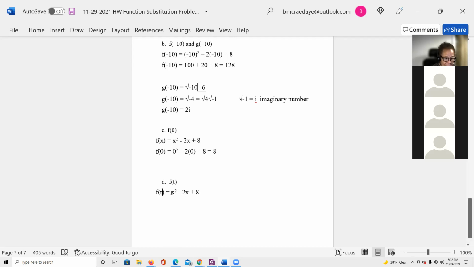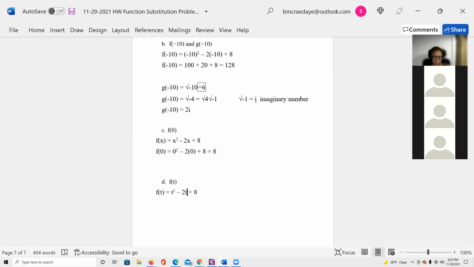X squared becomes t squared. 2x becomes 2t. That's it. You could just leave it like that. F of t is t squared minus 2t plus 8. We don't go into solving the quadratic, all right? Just leave it as t squared minus 2t plus 8.